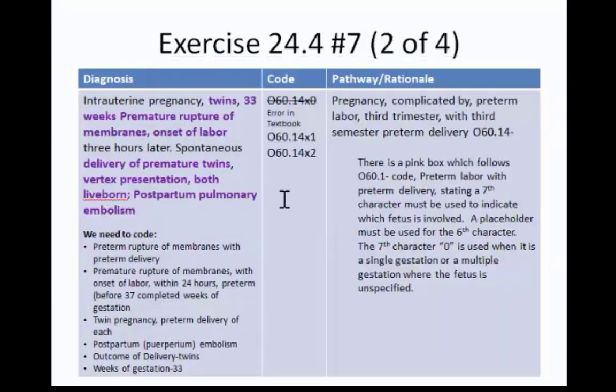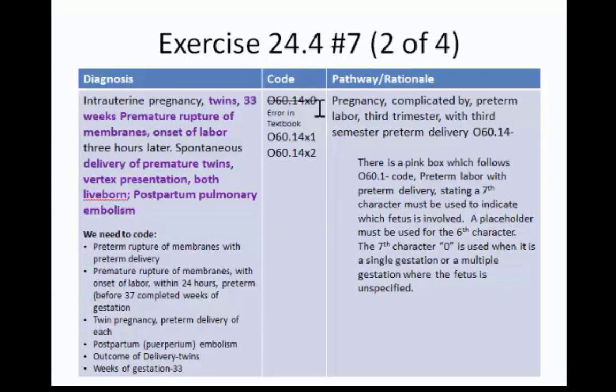Okay, what I am showing you here, your textbook gave O60.14x0 as the answer. That is incorrect. The publisher sent out what's called an errata, E-R-R-A-T-A, which is something publishers send after they have published a book and it's been printed and they find an error.